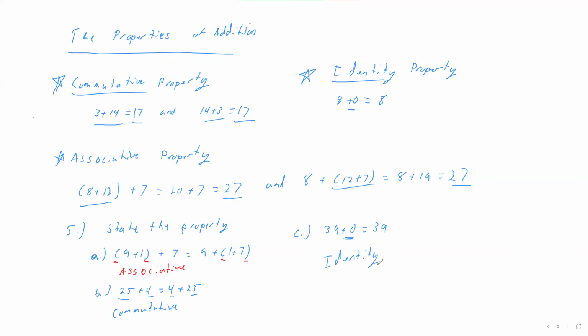And then there's going to be a couple more word problems. You'll see one that's going to ask you to calculate the perimeter. And perimeter basically means you just add up all the sides of the figure. So if I have a figure, it looks something like this.